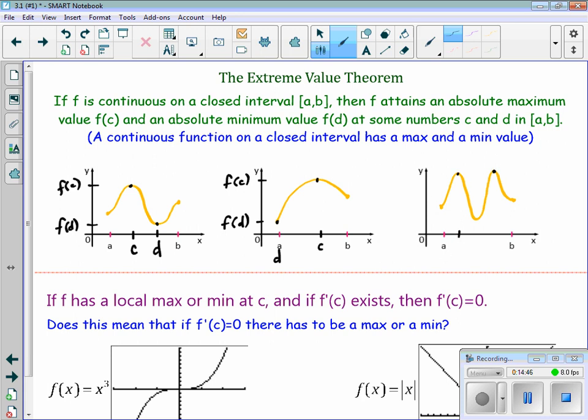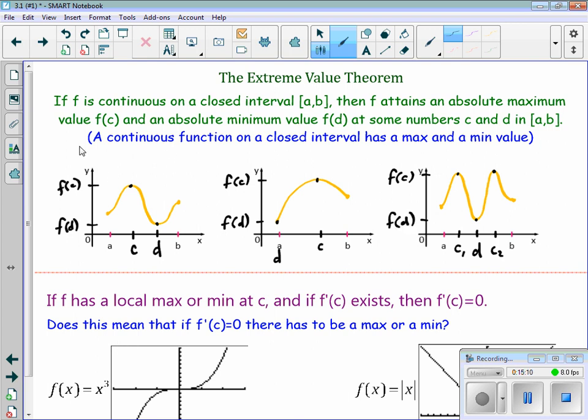So there's a C1 here, we could call it, and another maximum over here, but they would have the same y value that goes with that. And then here happens to be D because it's lower than both of the endpoints, but again, that could happen at an endpoint.